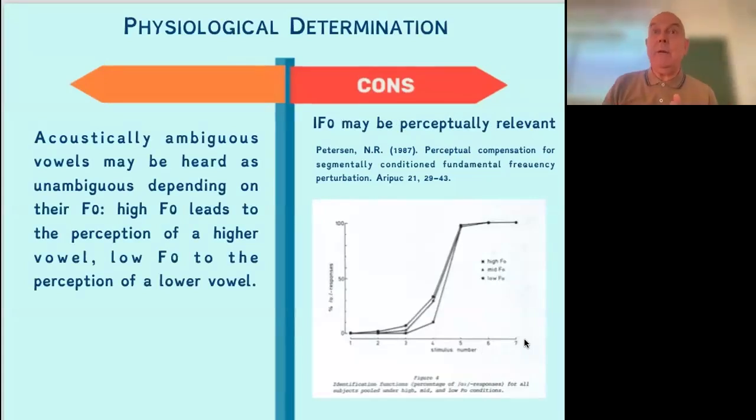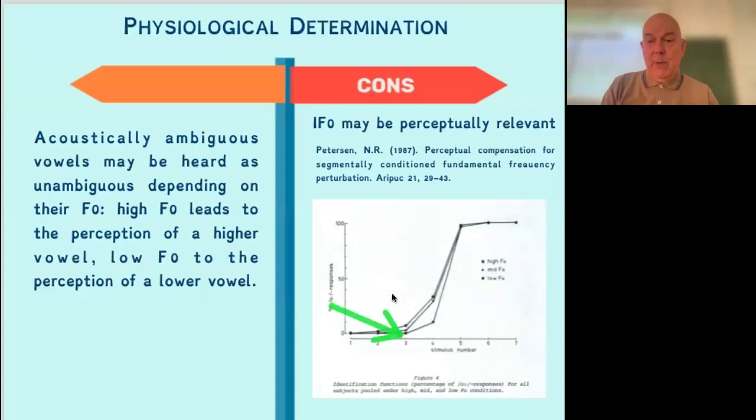These 3 pitch levels, in fact, were implemented, and I think it's particularly interesting that at one extreme, it's a very clear interpretation of the vowel as u. At the other extreme, a clear interpretation as o.